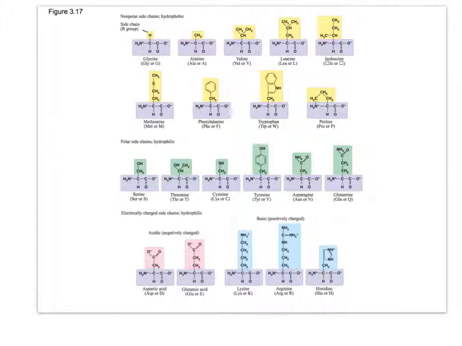And when we talk about the overall structure of the biologically functional protein, these side chains are going to determine that structure, which will then determine the function of the protein. Like I said, you don't need to know them, but you have to understand that the overall structure of the protein is a result of these R groups.